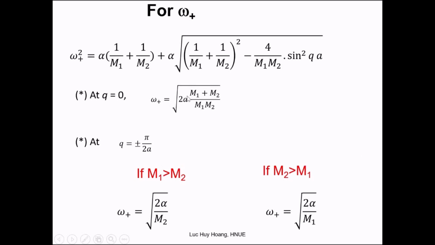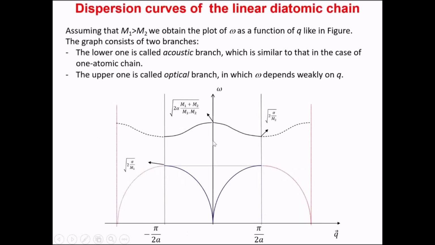Okay? And at Q equals 0 now, because it's plus, omega is different from 0. Omega has the highest value, given by this value. And at the boundary of the zone, plus and minus pi over 2a, we have a different result for omega plus. Okay, then finally we have this equation. Finally we have the dependence of omega on q.